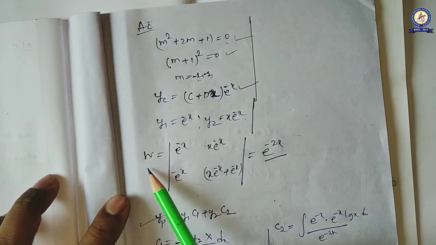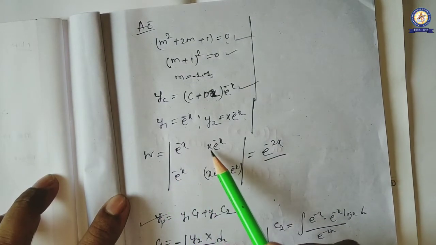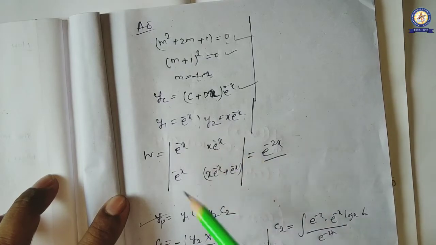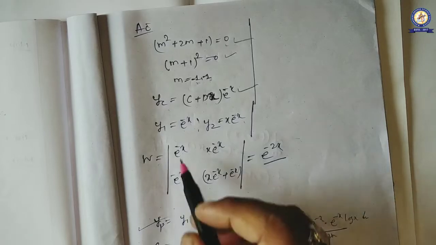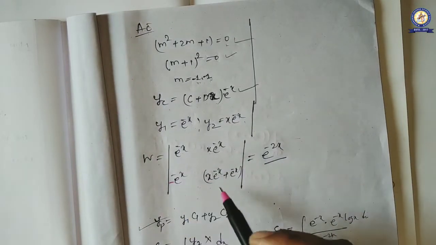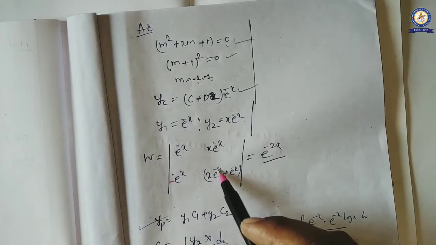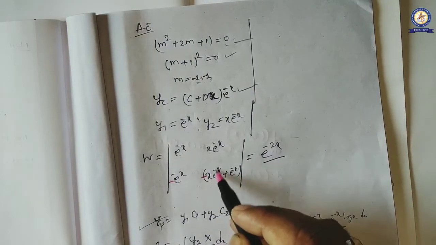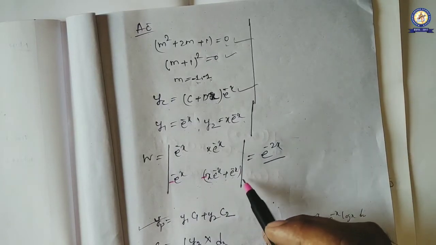If we consider the Wronskian, it is e to the minus x, x e to the minus x, and the derivatives: minus e to the minus x, and minus x e to the minus x plus e to the minus x.